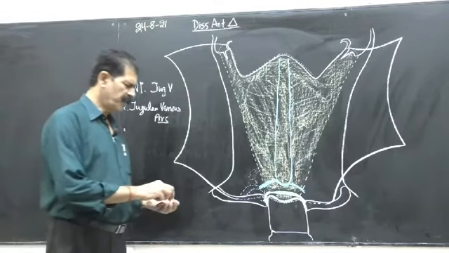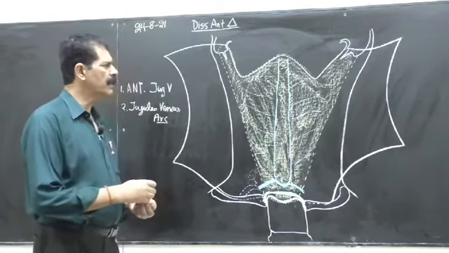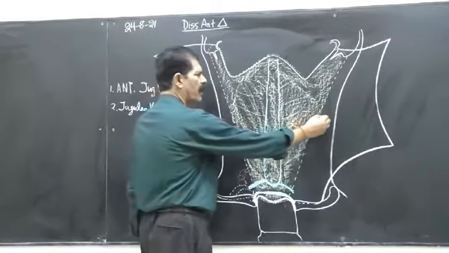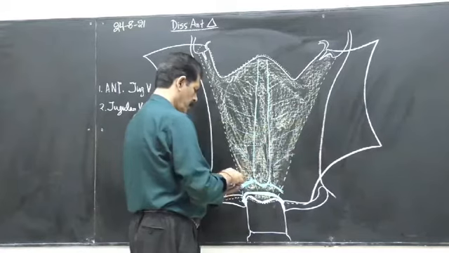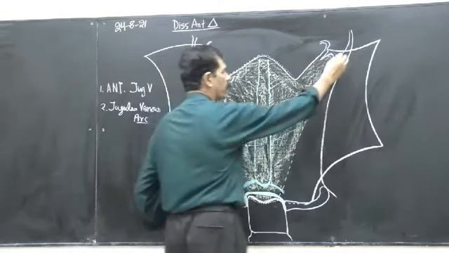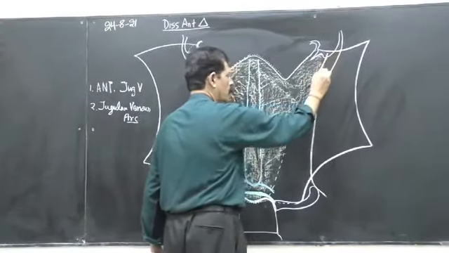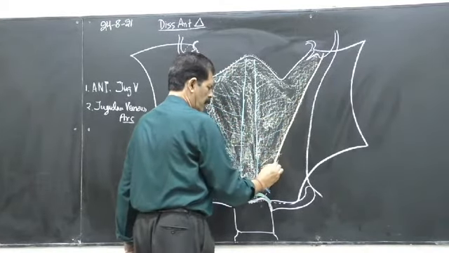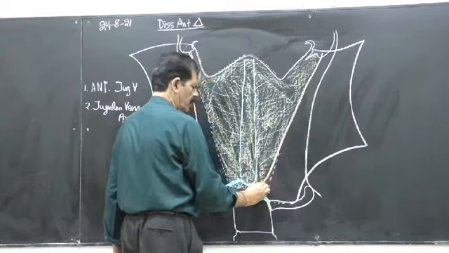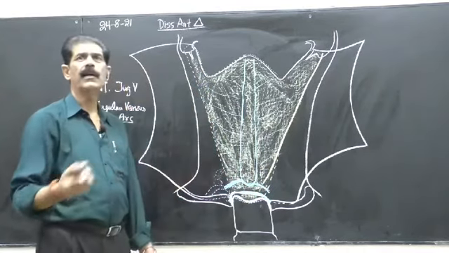Then in this superficial fascia of the anterior triangle, what else do we see? From the posterior border of the sternocleidomastoid, which forms the boundary of the anterior triangle. And we know the sternocleidomastoid has two origins, sterno and cleido.